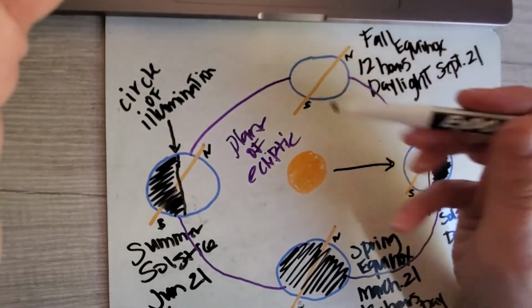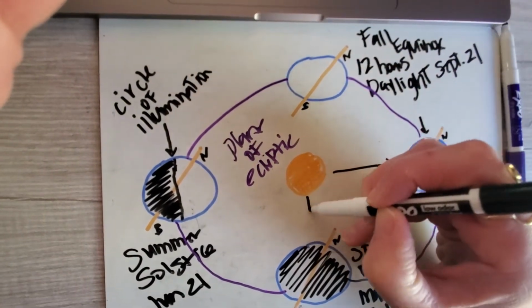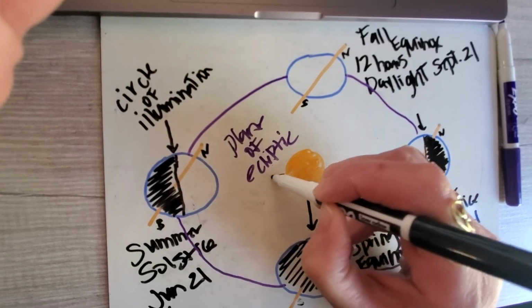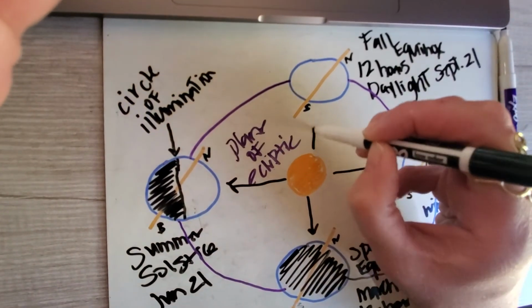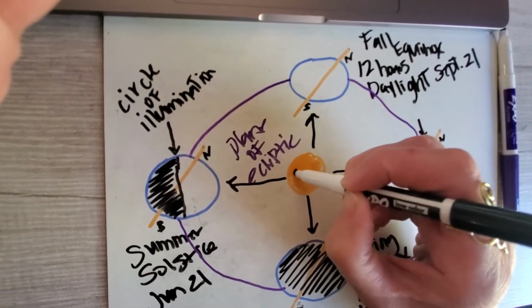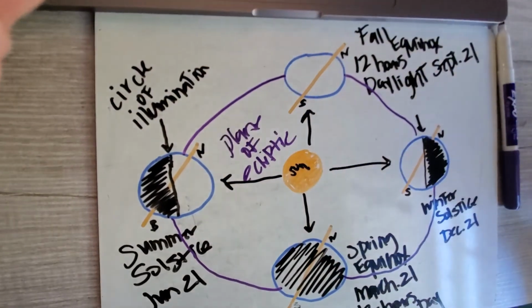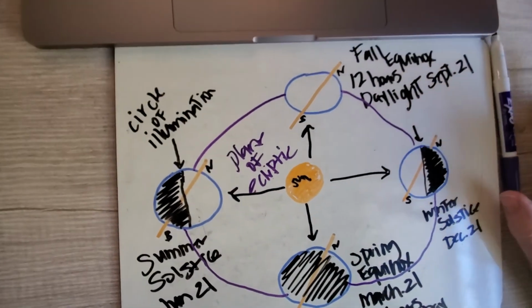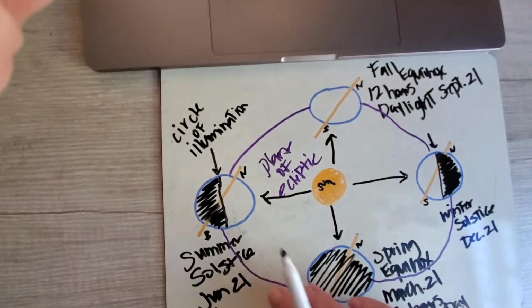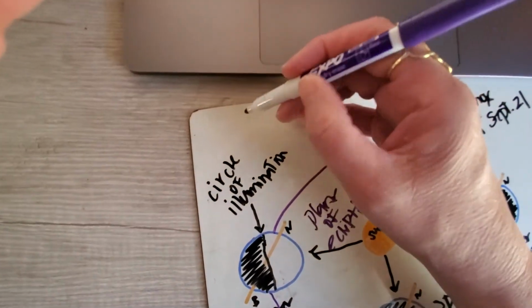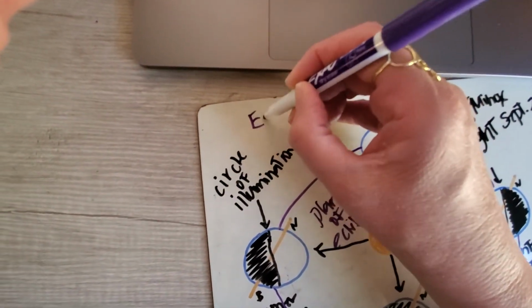You can label this the sun. Don't forget arrows showing which way the sun is shining. Also, don't forget to label it Earth-Sun relationships.